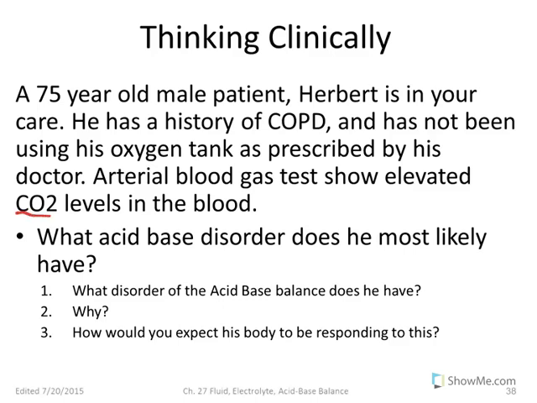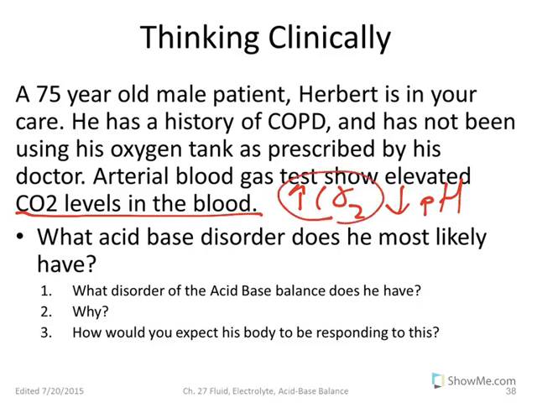He's got an elevated CO2 level, which means, guys, remember, if CO2 goes up, pH must go down. We're already thinking respiratory acidosis, right? Respiratory acidosis. The why is, guys, CO2. His CO2 levels are up.